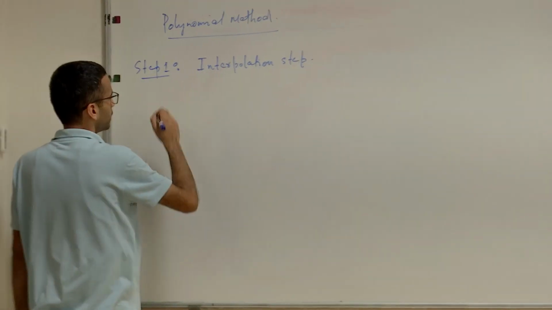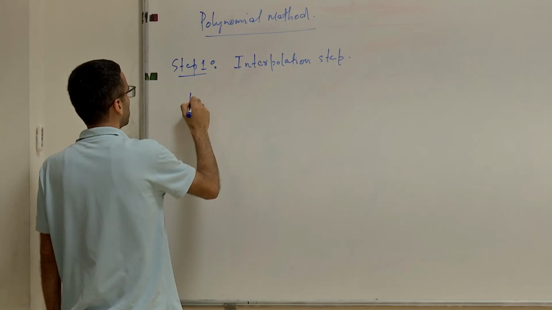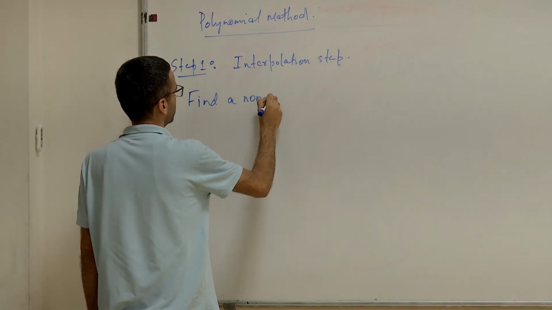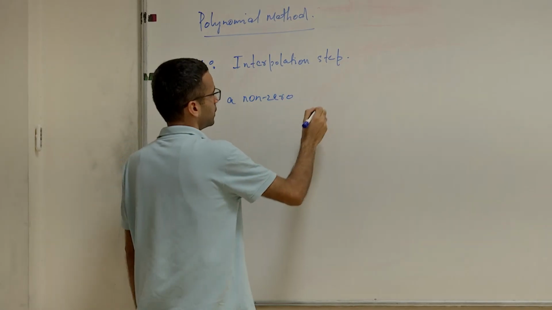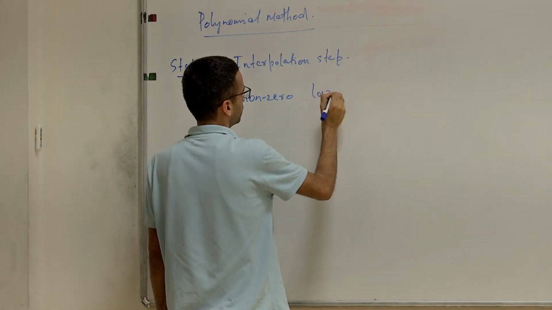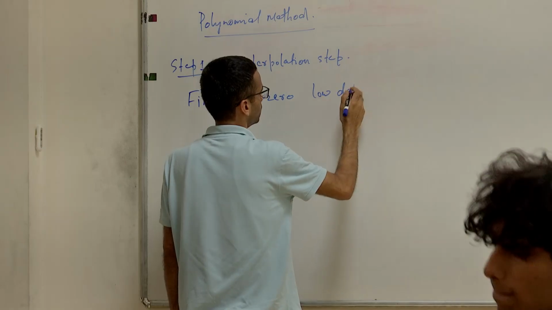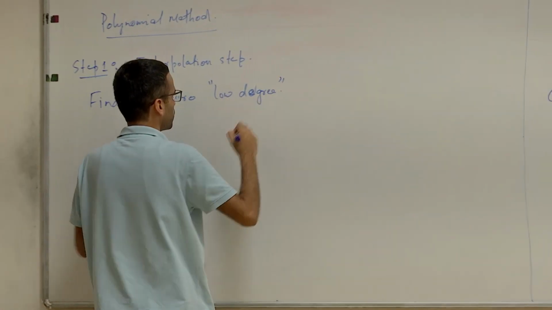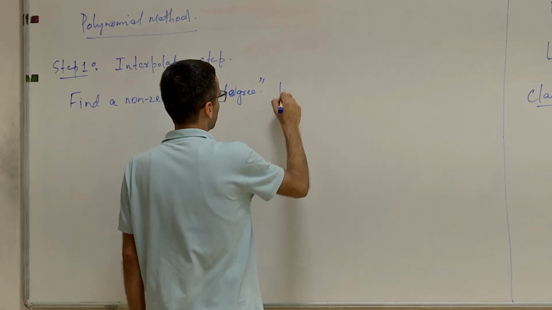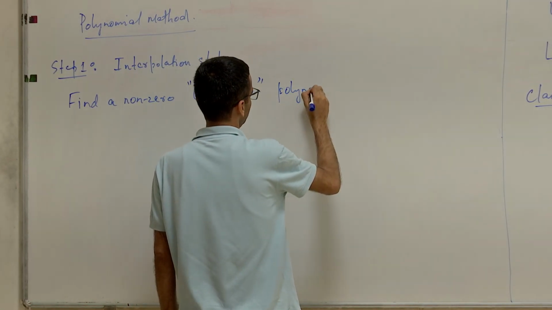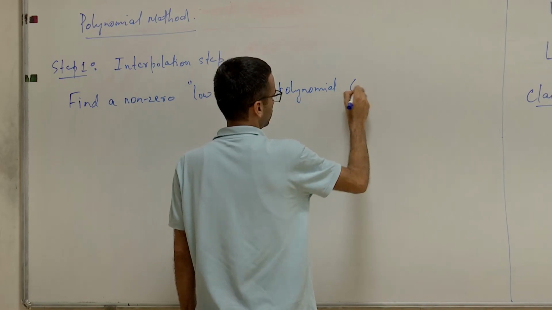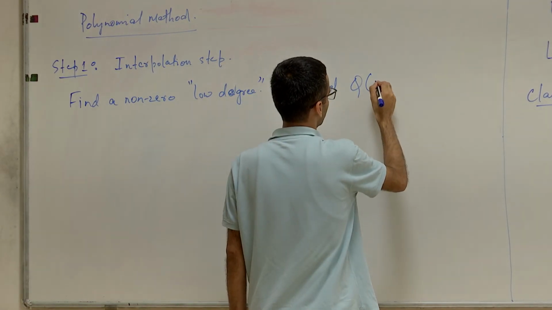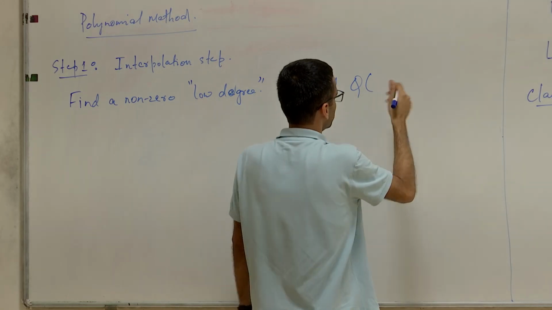Okay, so the interpolation step, what we are going to do is we'll find a non-zero, low degree polynomial. I'll have to elaborate on what this means. Q has s plus 2 variables. So let me label the variables suggestively.